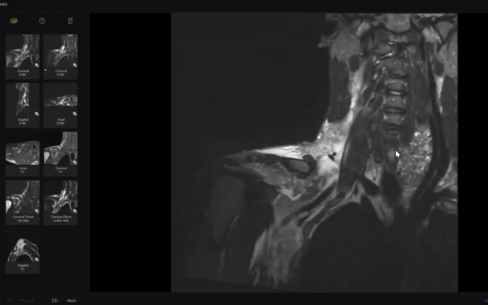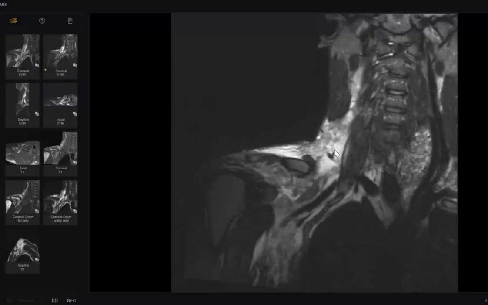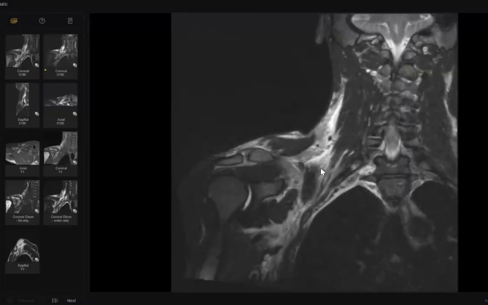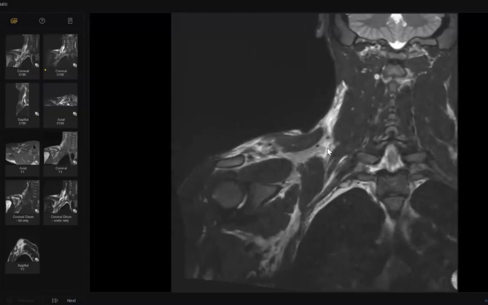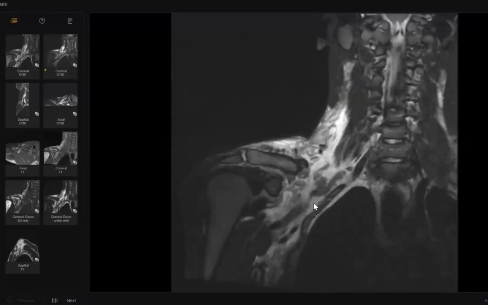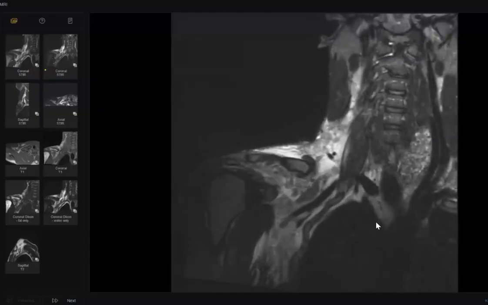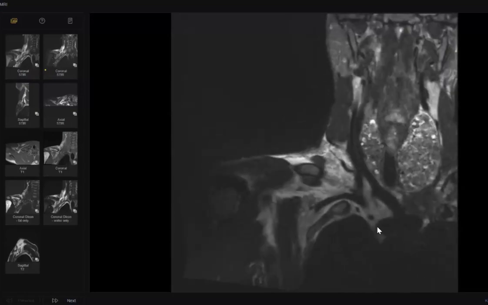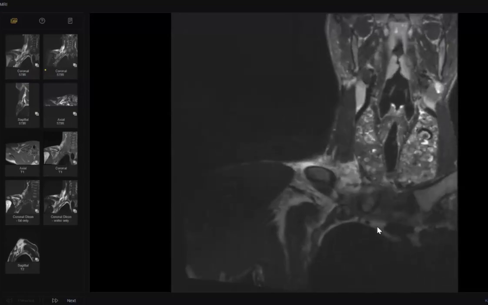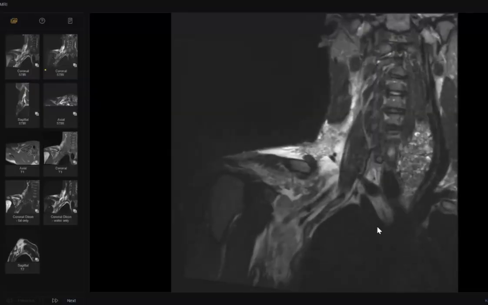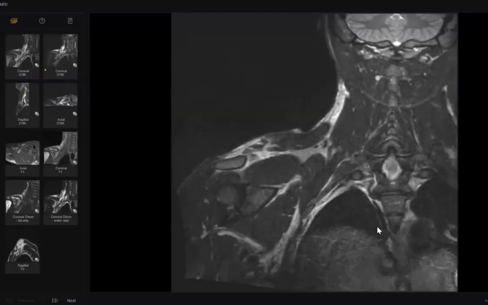I can see that there are large T2 hypointense infiltrating areas in the subcutaneous and intramuscular planes of the right shoulder.